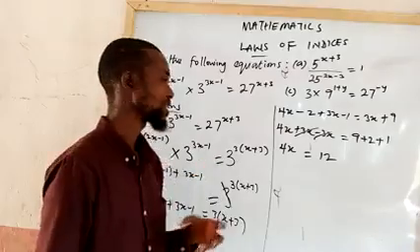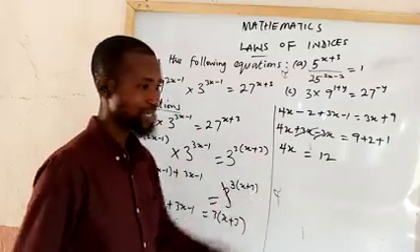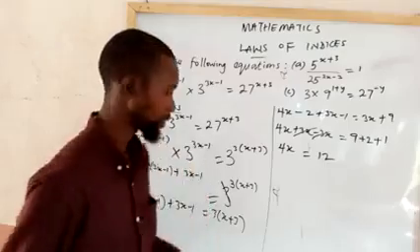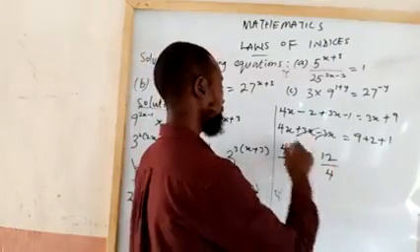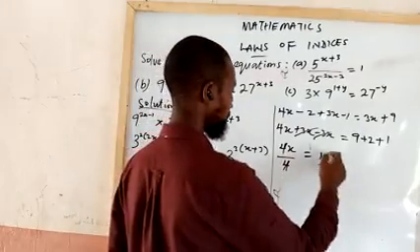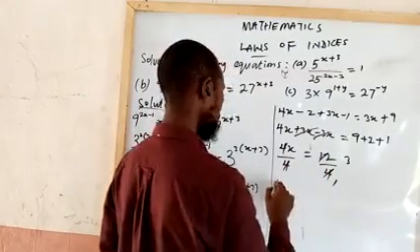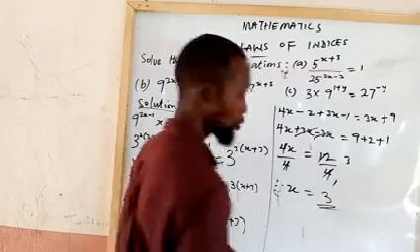And removal of a coefficient is to divide both sides by such a coefficient. So in this case, I'm going to divide both sides by 4. When that is done, 4 in 4 is 1, 4 in 12 gives 3. So therefore, we can conclude that the value of x is equal to 3.